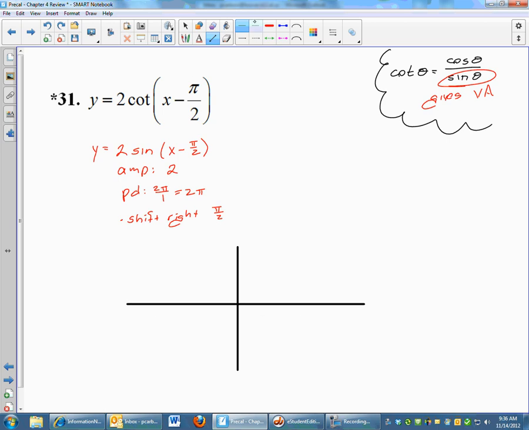Y-axis, x-axis. I know that my graph of sine starts at the origin, and it will go up to whatever the amplitude is. My amplitude is 2, so we'll go up to 2 and down to negative 2. I'll section off my x-axis, 1, 2, 3, 4, and my sine graph will go up, then it will hit my x-axis, then it will come down, then it will hit my x-axis.